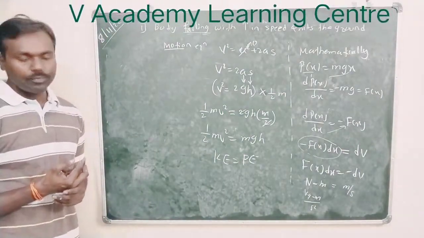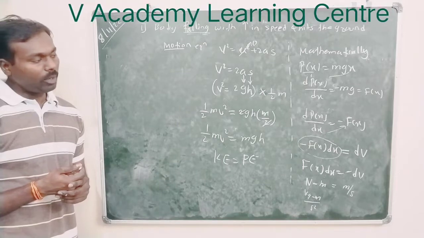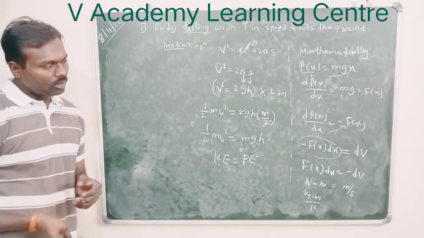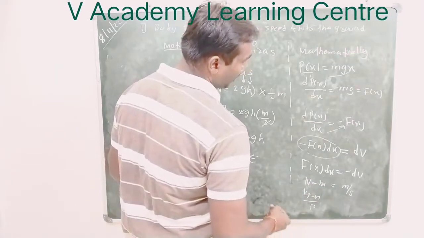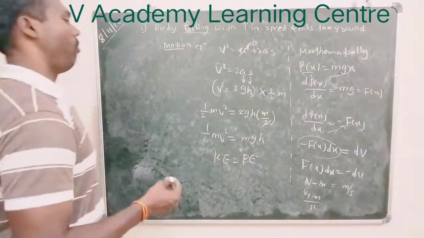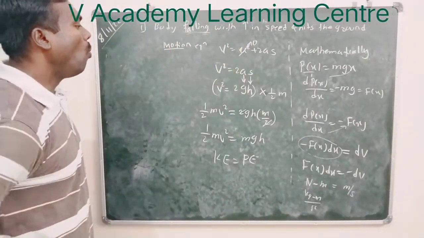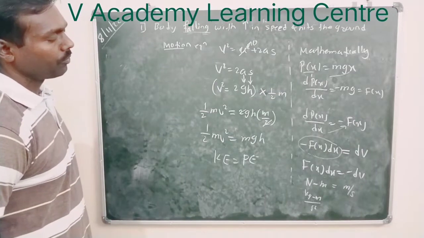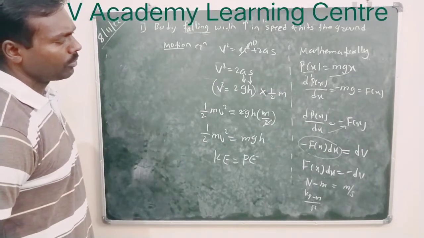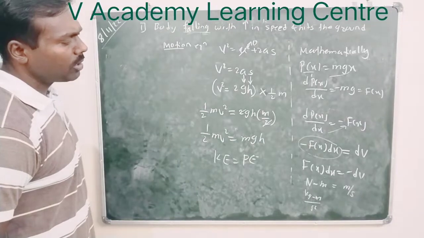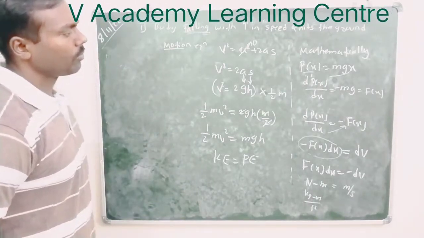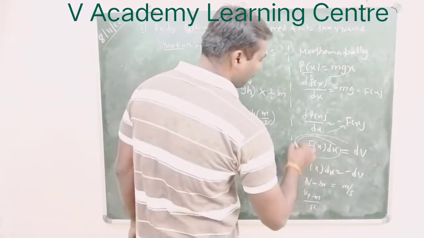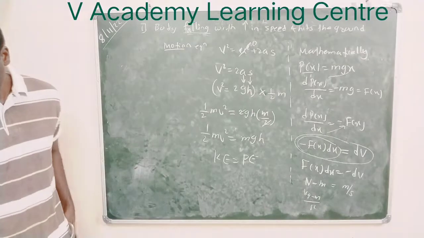Both sides balance, right? But what I have is F of x dx. Force into distance means work done, not velocity. This will not get it, right?